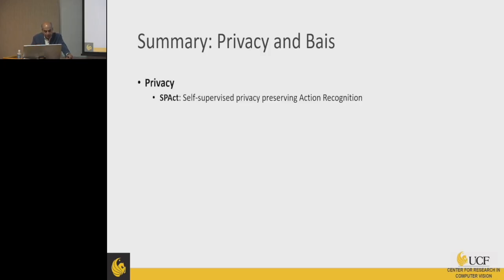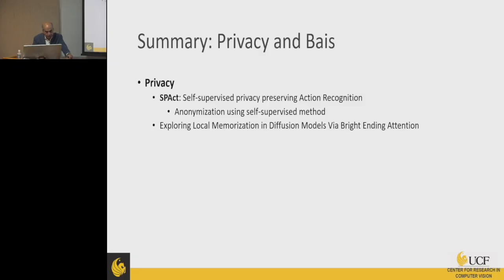I talked about privacy: the method to anonymize a video so that we can upload it to the cloud and recognize the activities, but we don't have to know the private attributes, and we show very good results. With the self-supervised method, we don't need attributes and so on.